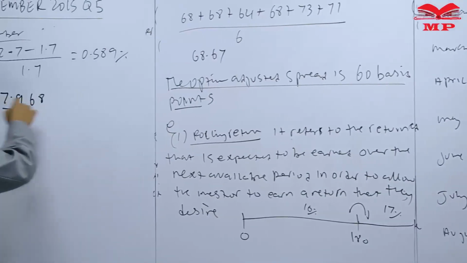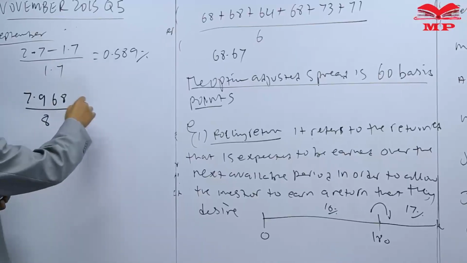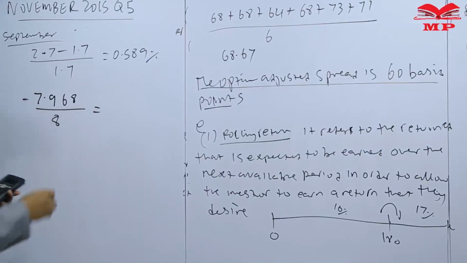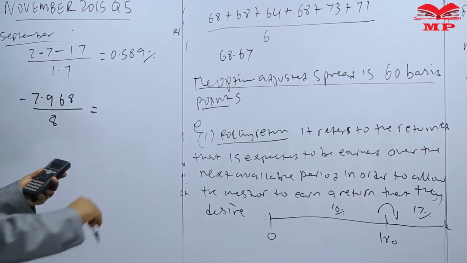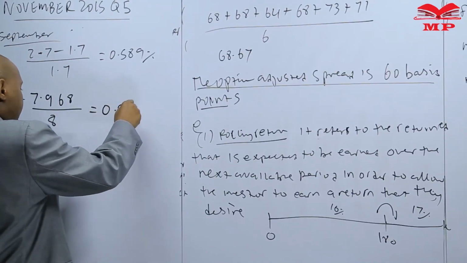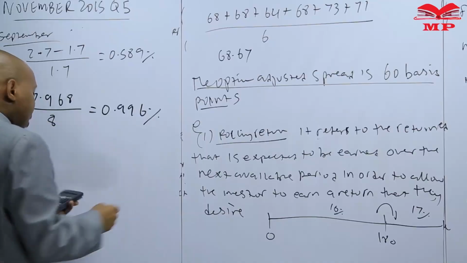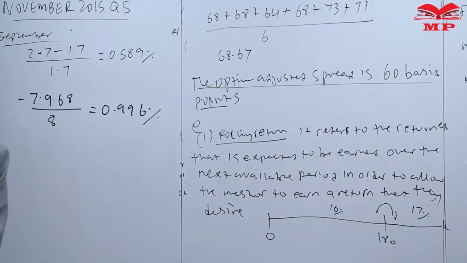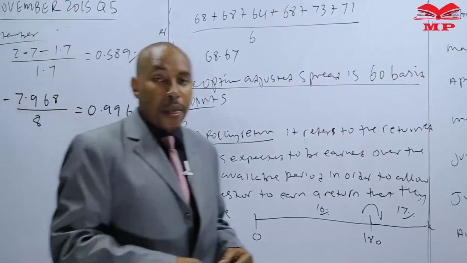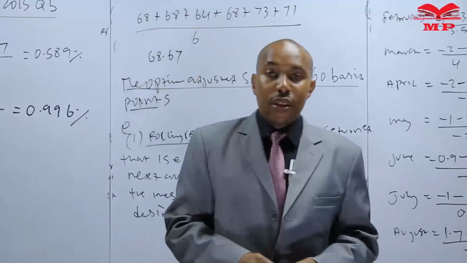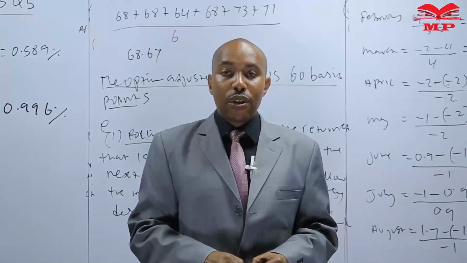We divide by 8 because we've got 8 periods, and we have 0.996%. That is the return over the 9-month holding period. This brings us to the end of November 2015.